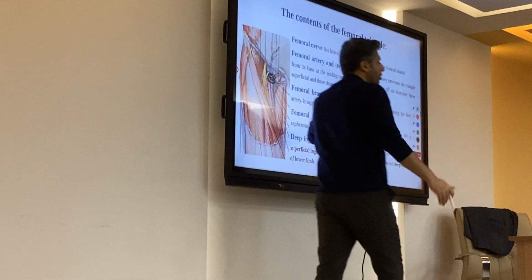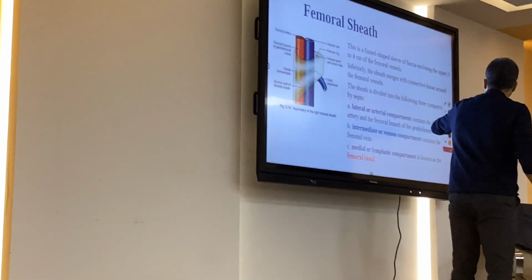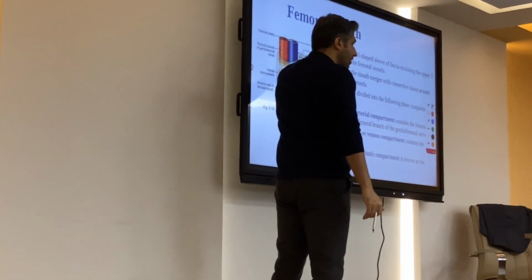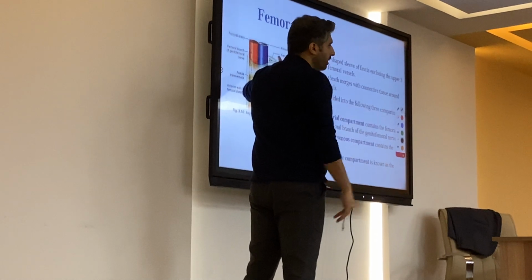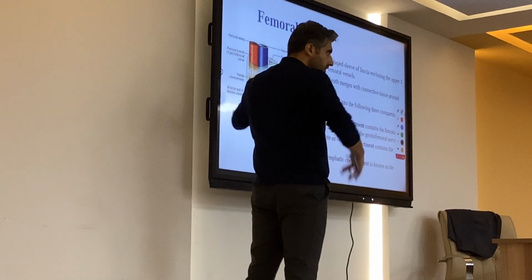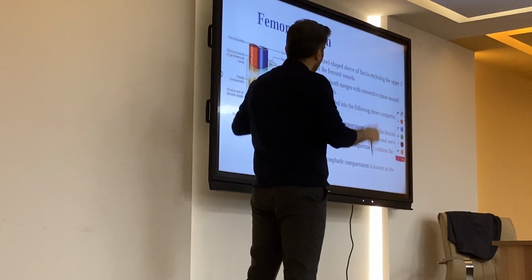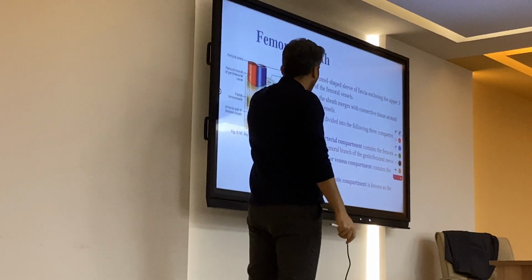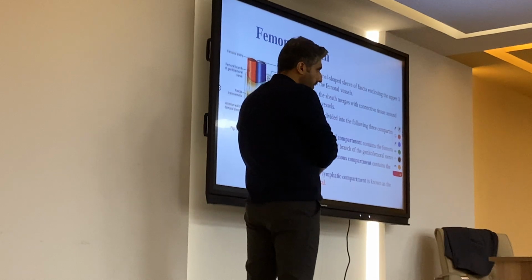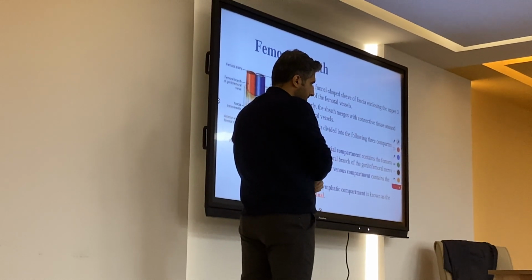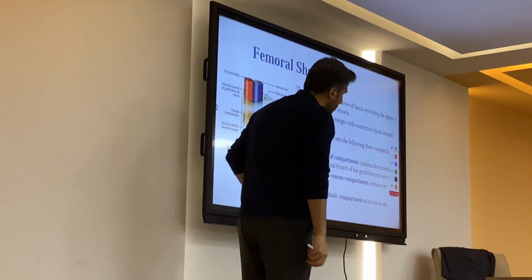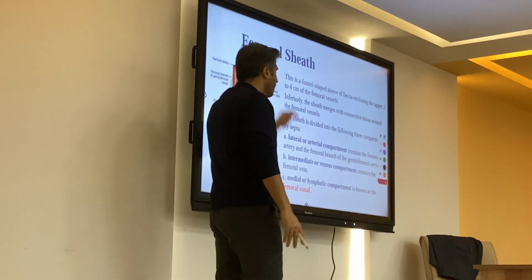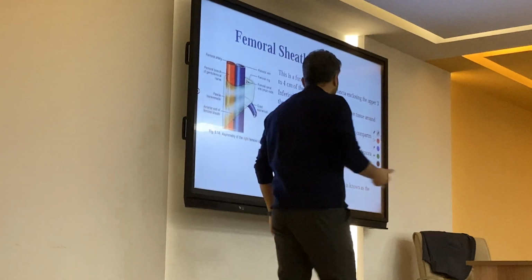This sheath is the femoral sheath. Besides the femoral artery and vein, you can see some lymph nodes on the medial side of the sheath. So this sheath has three structures: femoral artery, femoral vein, and femoral canal for lymph nodes. Artery on the lateral side, then vein, and medial is the lymph nodes.